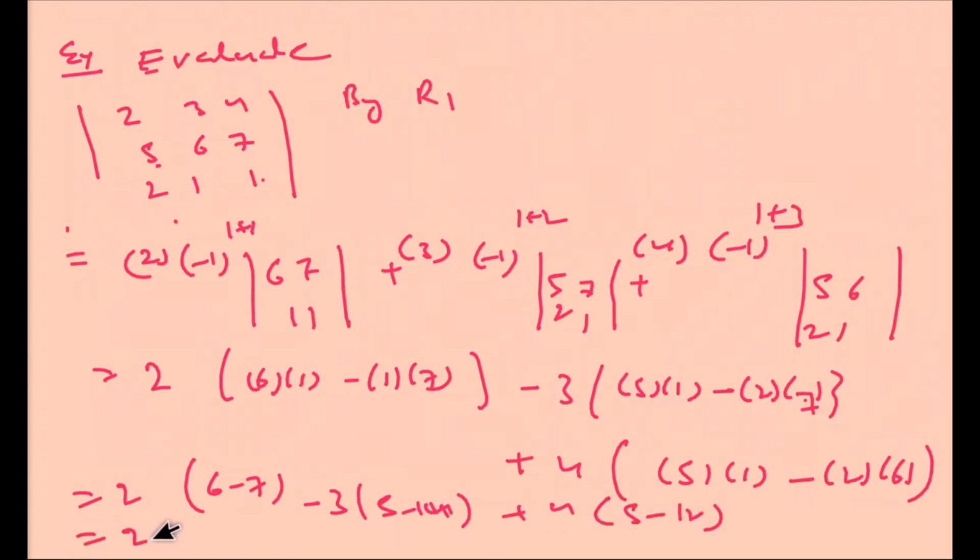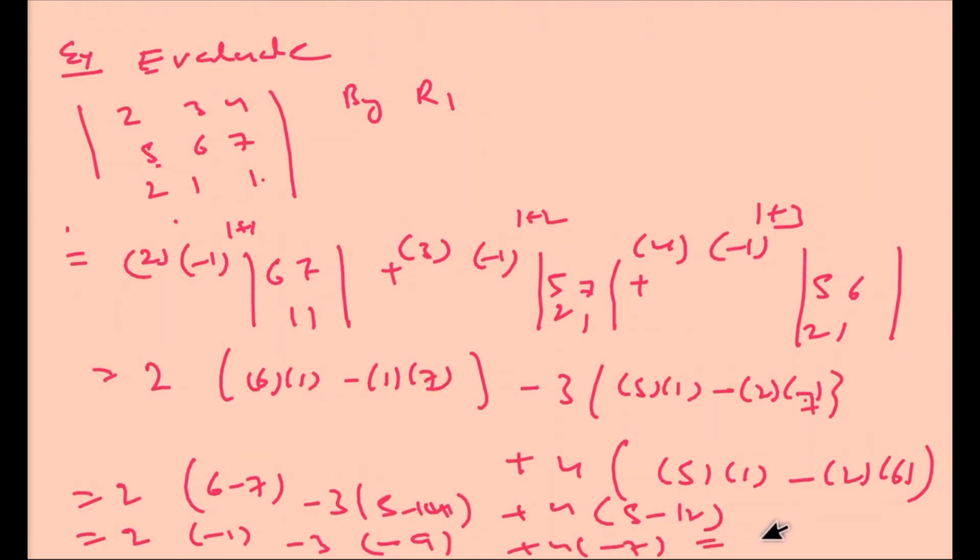So total is 2 into minus 1, minus 3 into minus 9, plus 4 into minus 7.